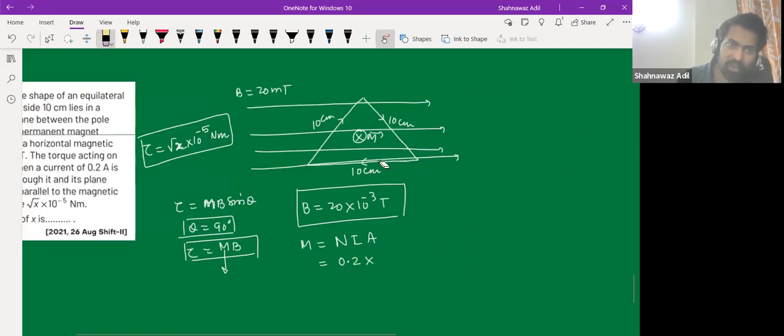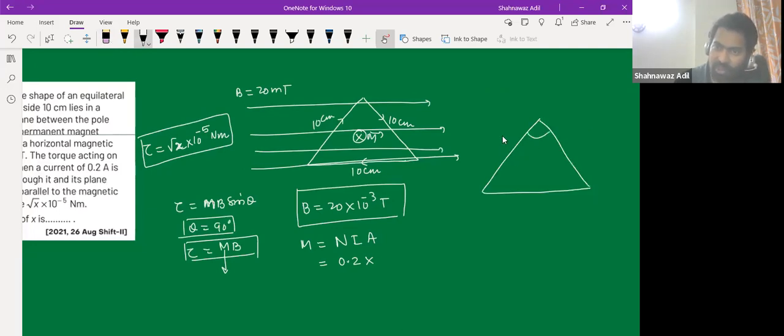So the simplest way to remember the area of a triangle is, let's say you know two sides and you know the angle between them. So the area of the triangle is simply half A B sine theta. So for an equilateral triangle, what is this side?